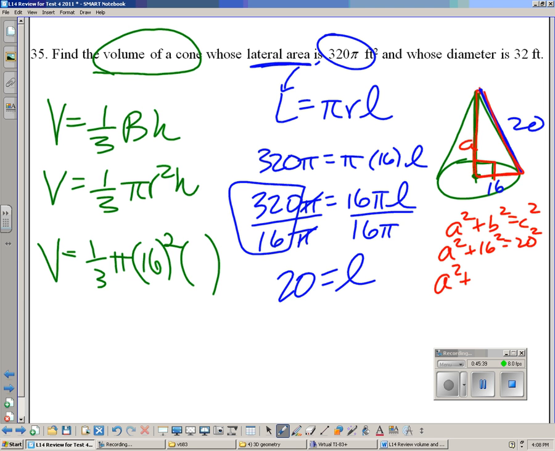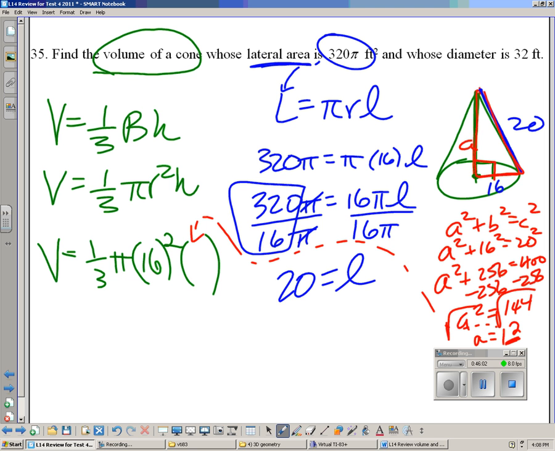We have a squared plus 16 squared, which is 256, equals 400. Subtract 256 from both sides. So we get a squared is 144. Taking the square root, the altitude or the height is 12. So that number goes right there.